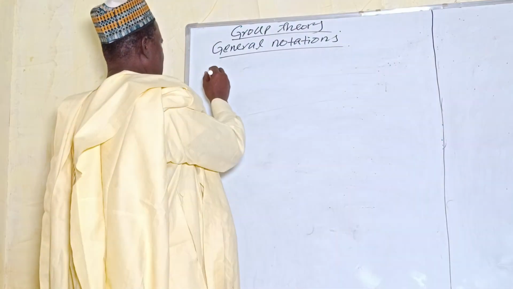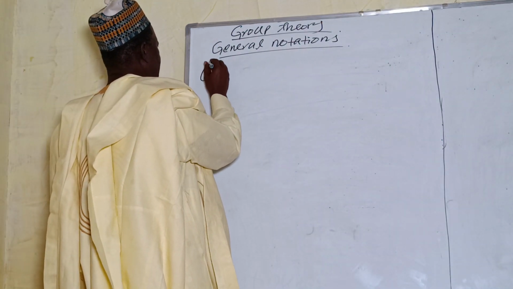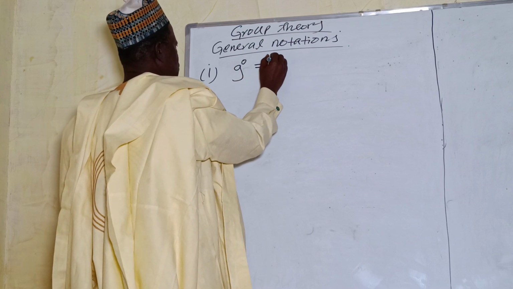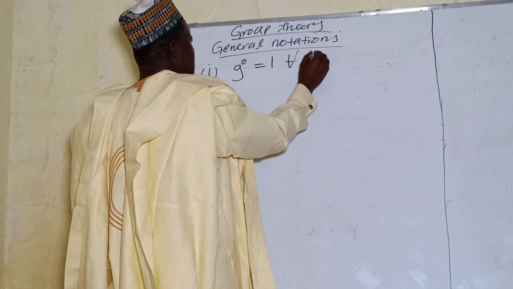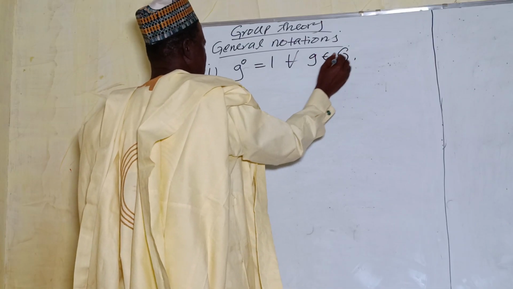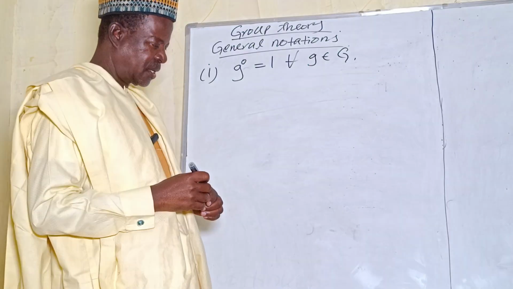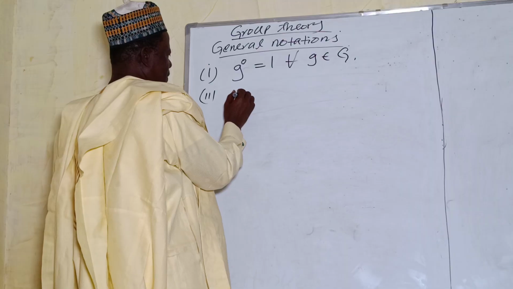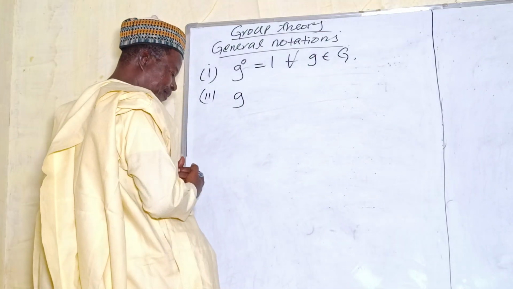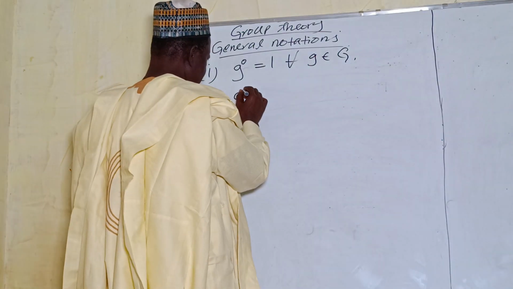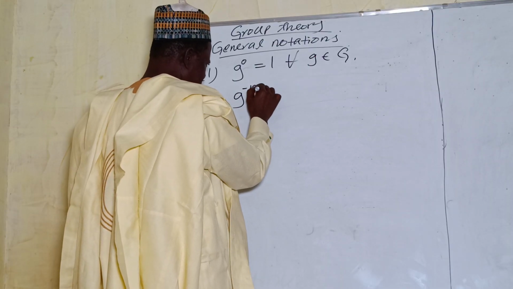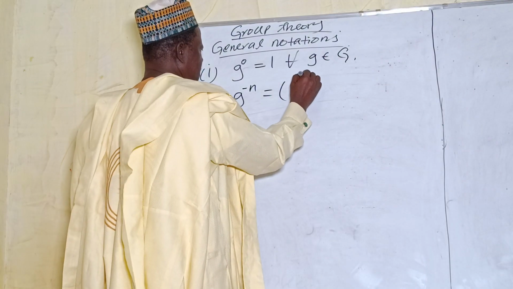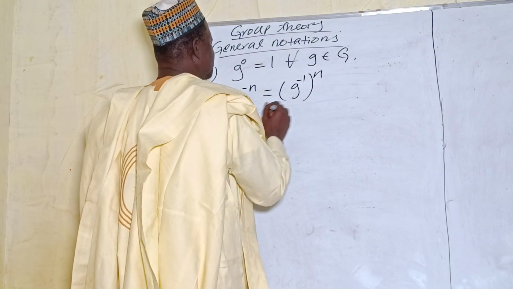So I will start with number one, that g raised to power 0 is 1 for any g an element of the group. This is agreed actually. And number two, if you have g raised to power minus n, it will be the same as g inverse n times.